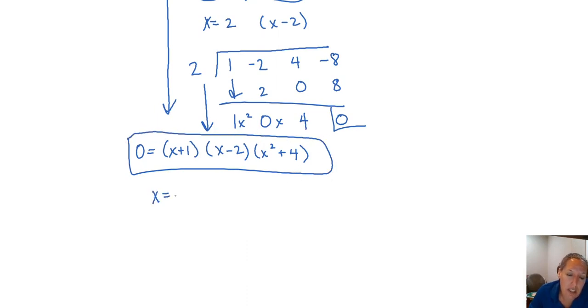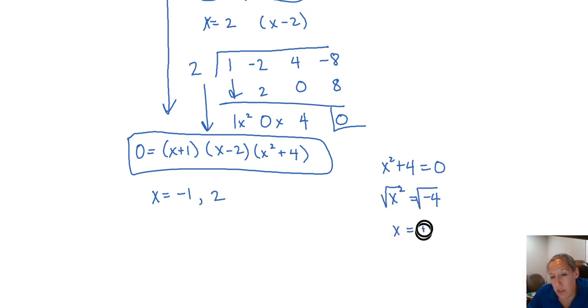And we can set each of these equal to 0. X plus 1 will be equal to 0 when x is -1. X minus 2 is going to equal 0 when x equals 2. And then x squared plus 4 is going to equal 0. Subtract 4 from both sides, and then take the square root.